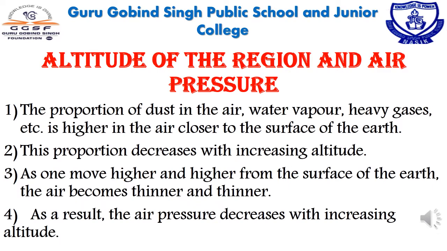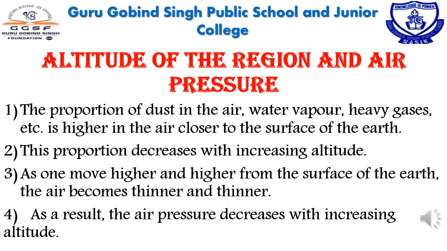So dear children, now we will learn about the altitude of the region and the air pressure. We know that the air closer to the surface of the earth has a higher proportion of dust, water vapors and heavy gases.